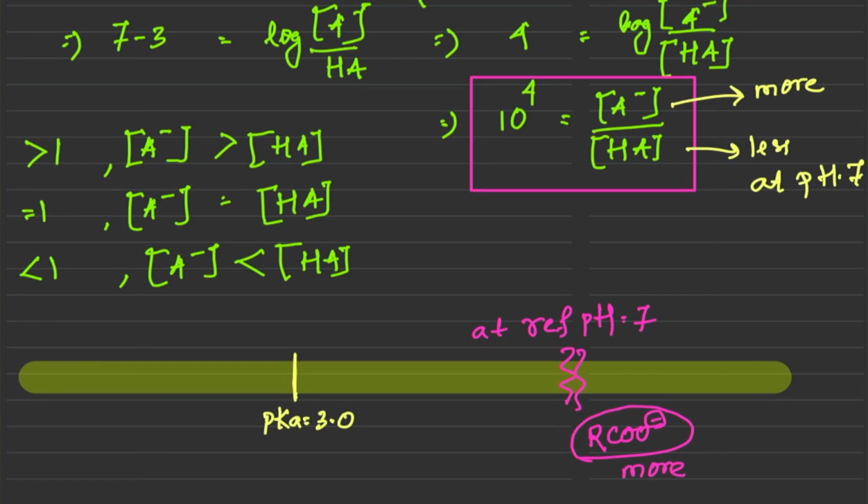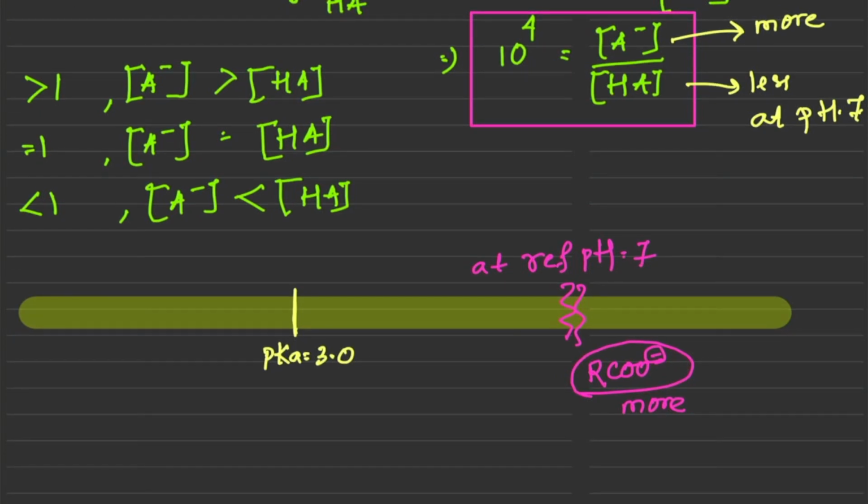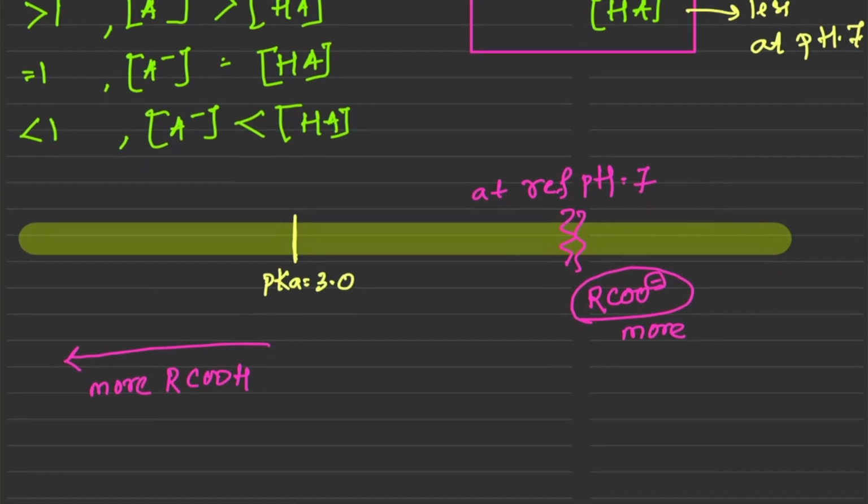You noticed that when your reference pH, the pH at which we are discussing, is higher than the pKa, you're going to get a lot of conjugate base. Any pH below the pKa value of 3.0, you're going to get more of RCOOH.